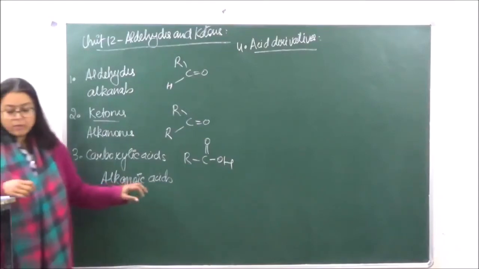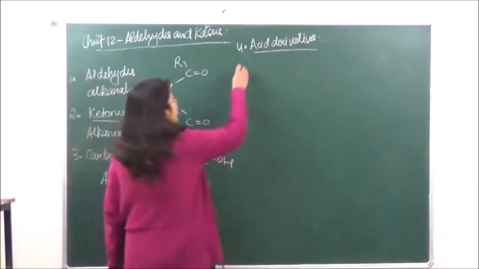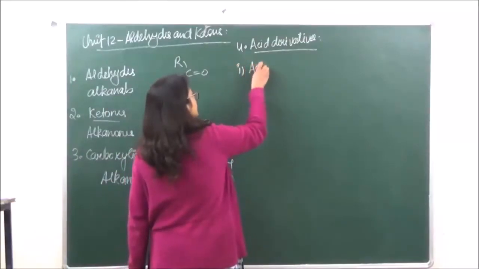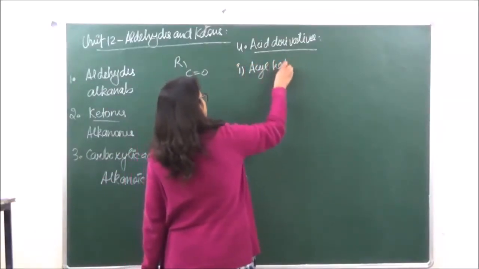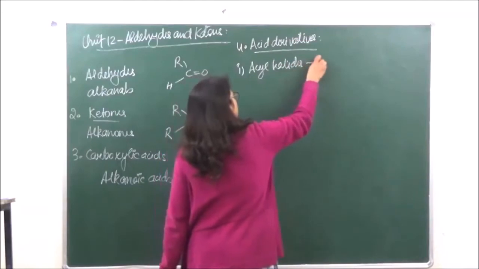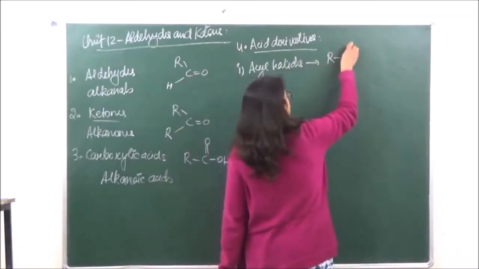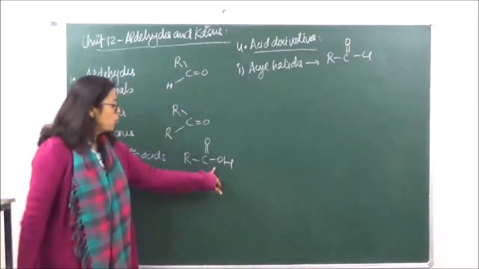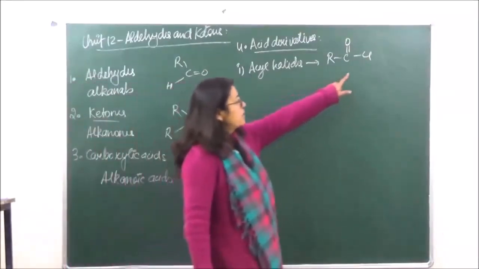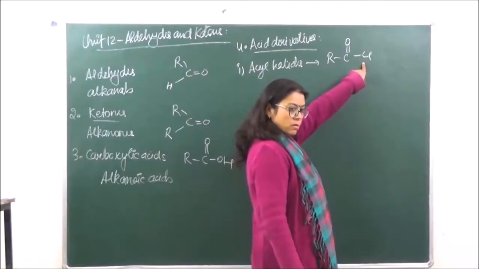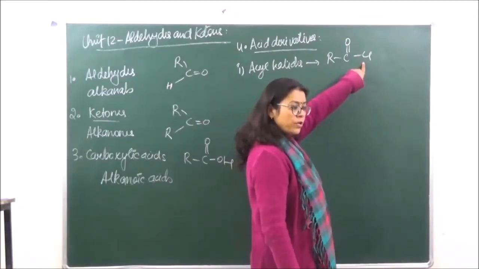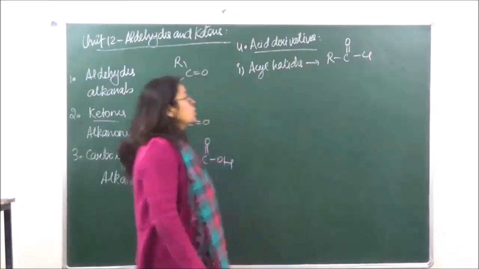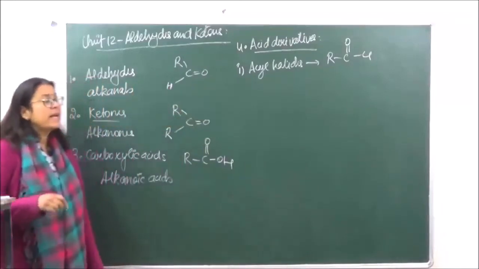So the first one which we have over here, they are acyl halides. So you can see over here that from acids the OH has been replaced by a halogen. Okay, it may not be chlorine alone, it can be any halogen. So these are known as acyl halides.